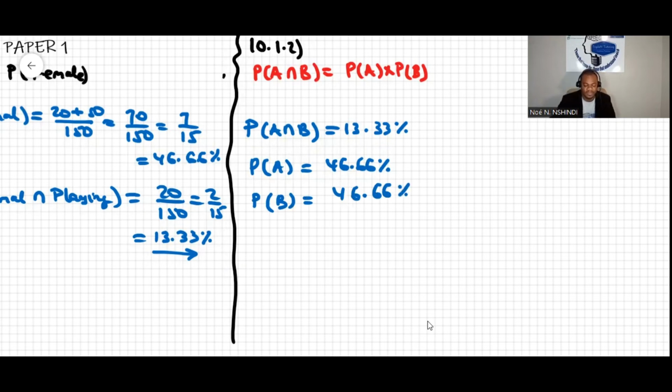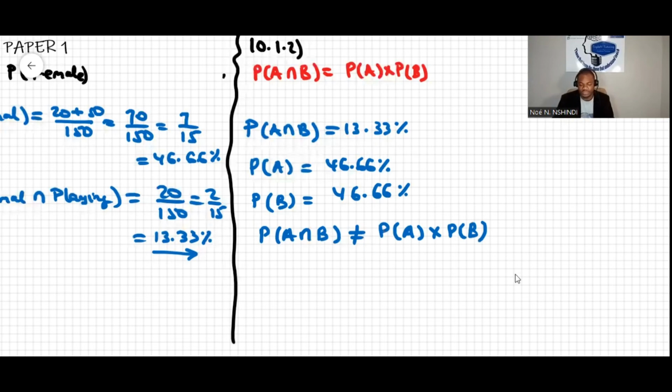Now we can see that the probability of A and B is not the same as the probability of A times the probability of B. The probability of A and B is the probability of females who play tennis, and the other two are the probability of all the females and of all the tennis players. So we can see that playing tennis is not independent of gender.